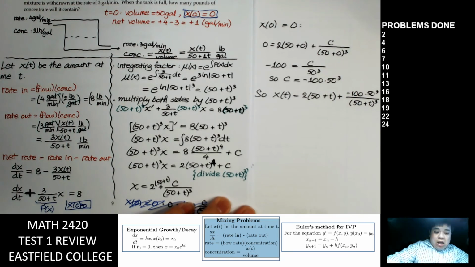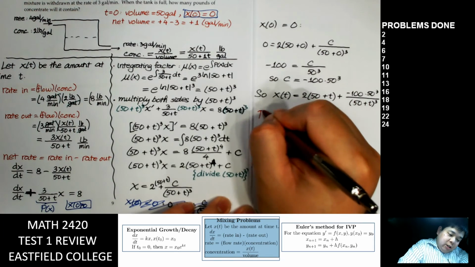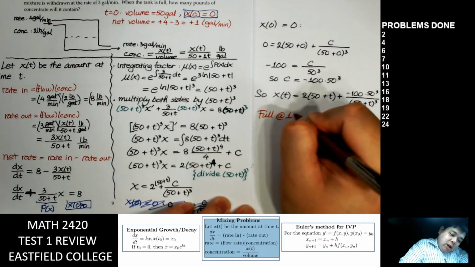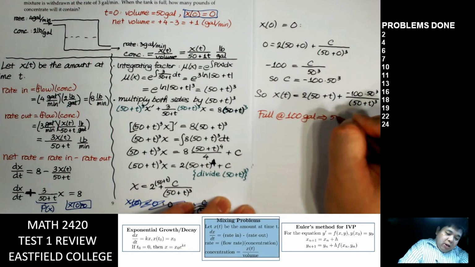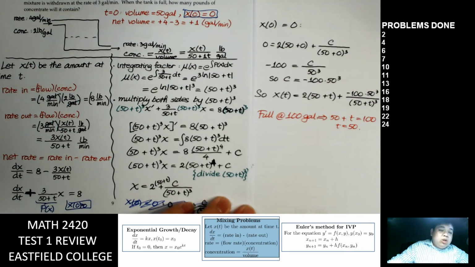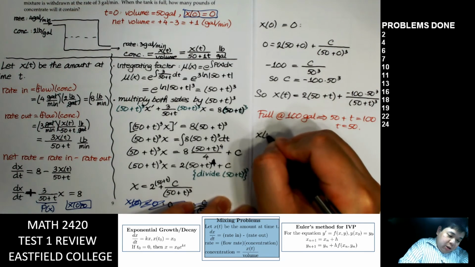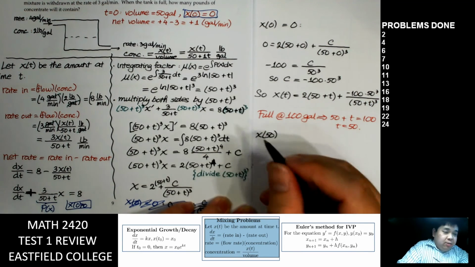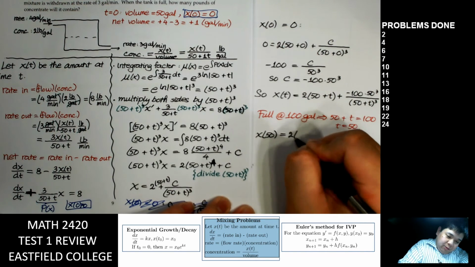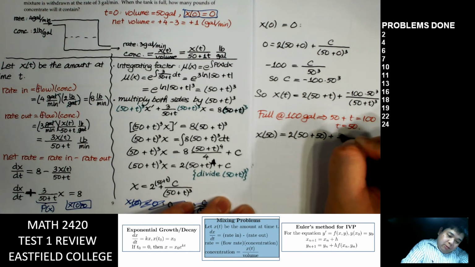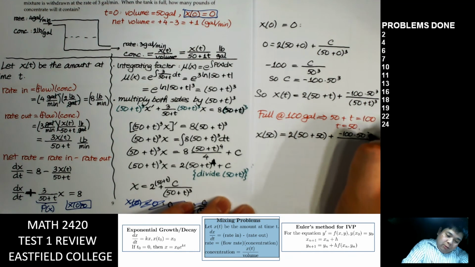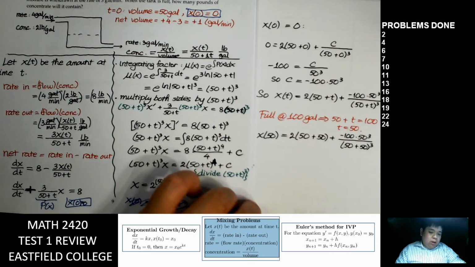Right, and we'll do the same thing. The tank is full at 100, meaning at 50 plus t is 100, so t is 50. So pretty much we just need to find the value of the function when t equal to 50. Right.